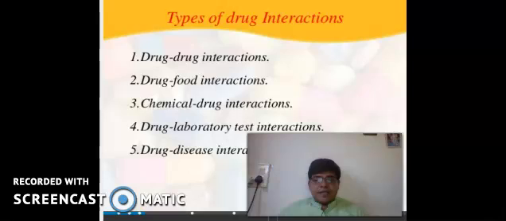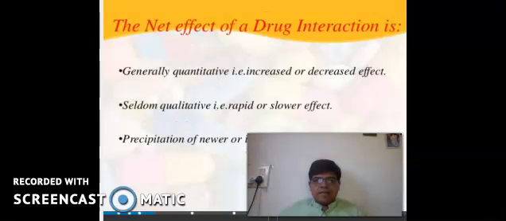Then drug-laboratory test interactions: different drugs play a role in laboratory test interactions. Then drug-disease interaction: some drugs alter their action in the presence of a disease. We will see them one by one.